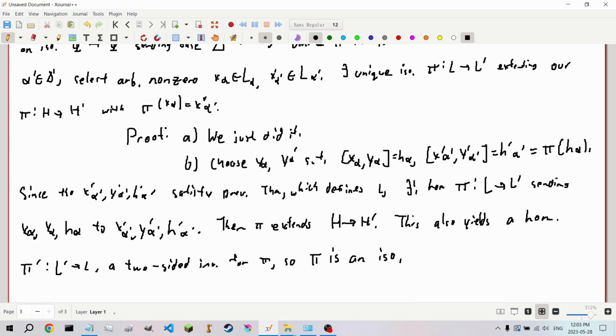Thus we finally have a one-to-one correspondence between our root systems and our semi-simple Lie algebras.